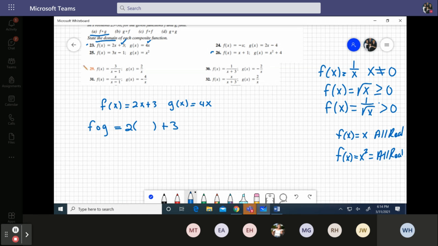Replacing that x, I've got 4x, so I get 8x plus 3. Order counts. If I do g of f, that means that I am putting f inside of g. So that means I'm going to have 4 times 2x plus 3, giving me 8x plus 12.